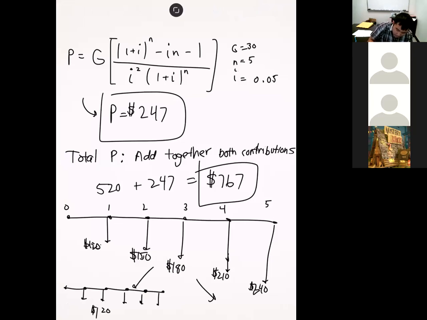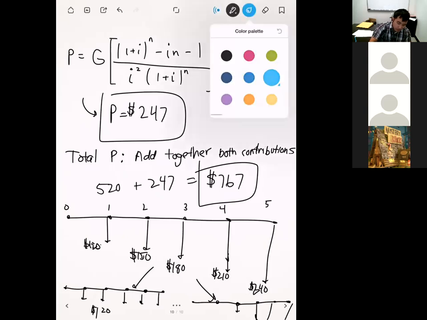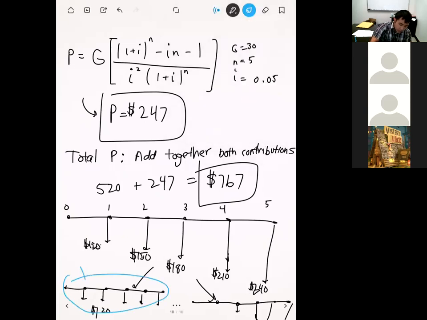And then the other one that I split it into was the gradient. I considered both of them separately. I took this first cash flow diagram and converted it to a P, so now this is just one single P at the beginning. Then I took this cash flow diagram and converted it to a P, which is a single P at year 0 right there.